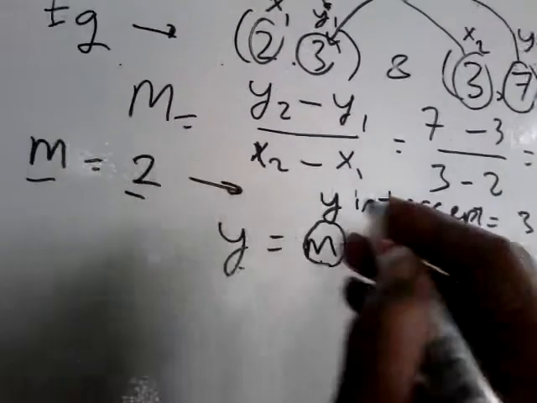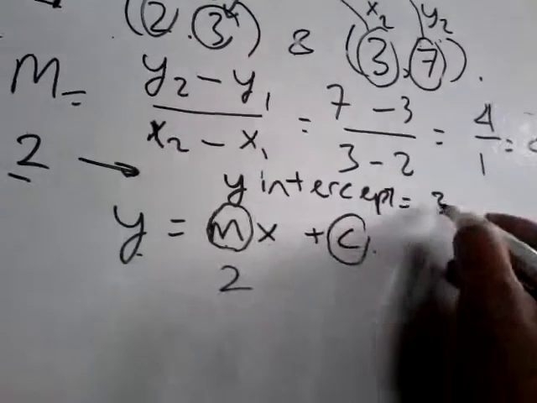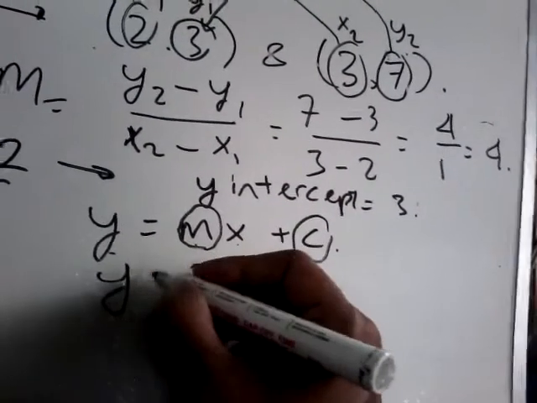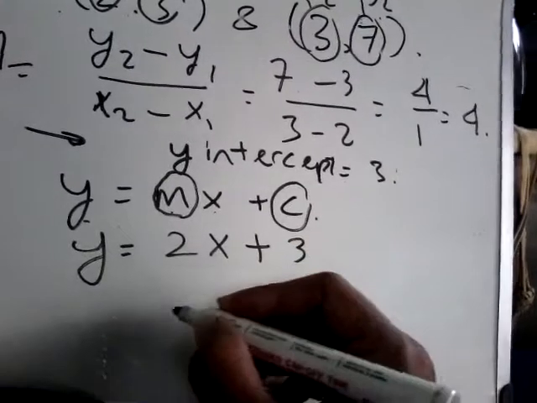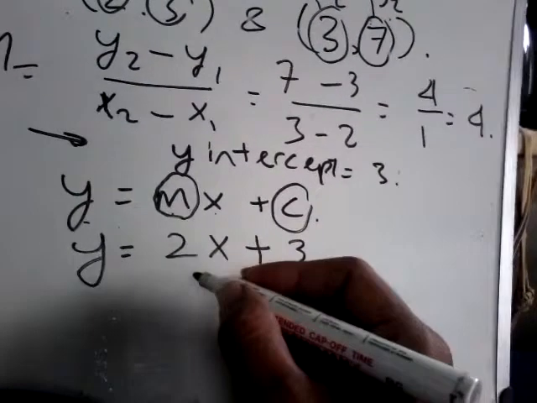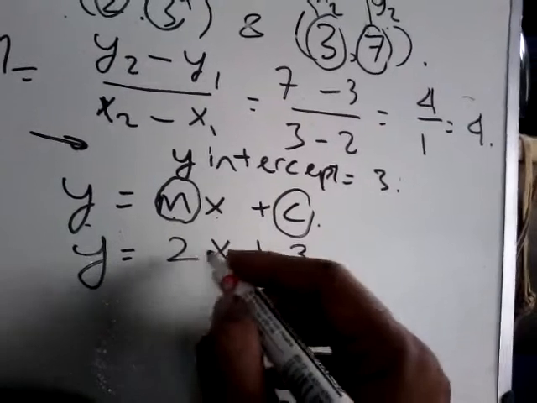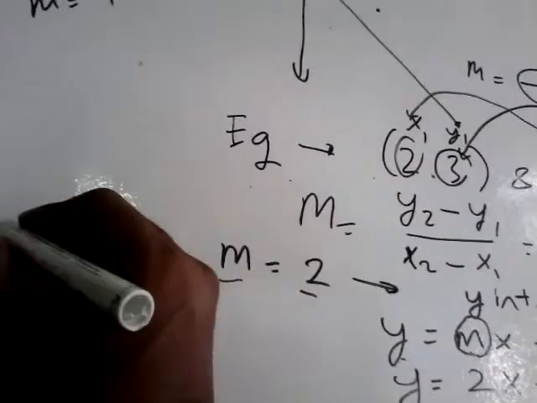The gradient is 2, so put 2 here. The y-intercept is 3, you put 3 here. And y and x stay following the formula. So the equation will be y equals 2x plus 3.